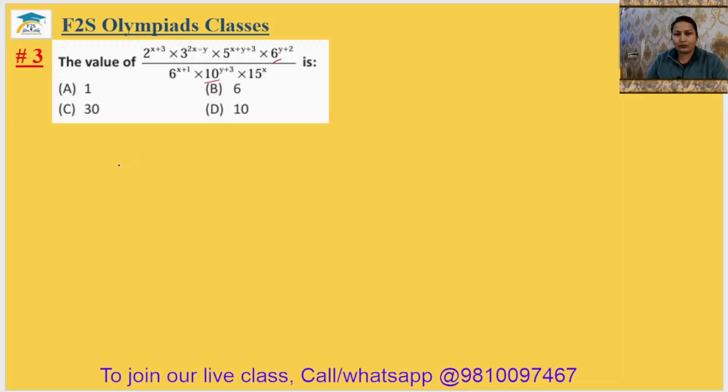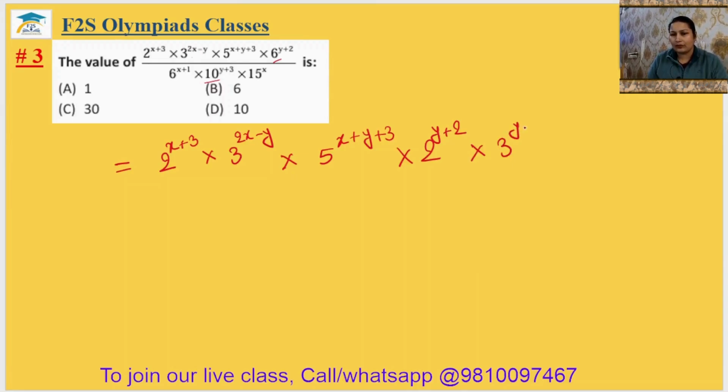So let's write the expression again by breaking it. 2 to the power x plus 3, multiply by 3 to the power 2x minus y, multiply by 5 to the power x plus y plus 3, multiply by, I am just breaking it, 2 multiply by 3. So the exponent will come on both numbers. It will be 2 to the power y plus 2, multiply by 3 to the power y plus 2.